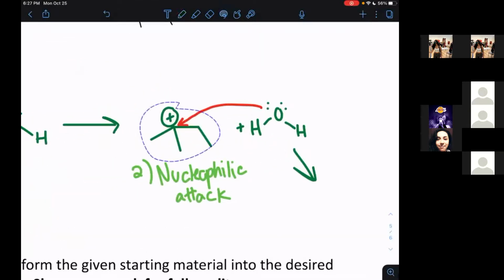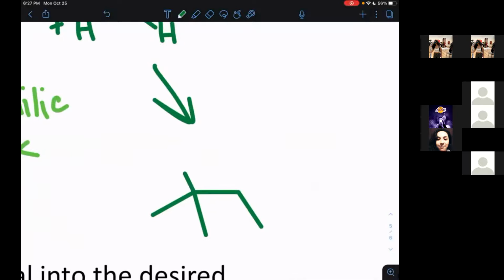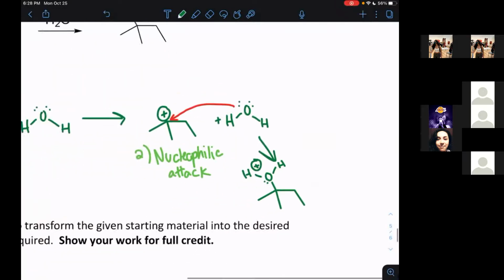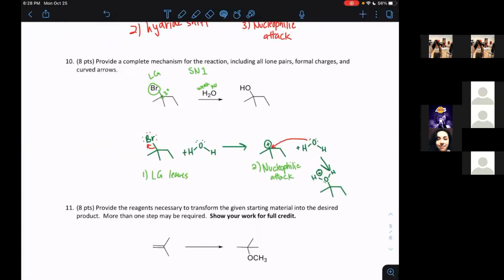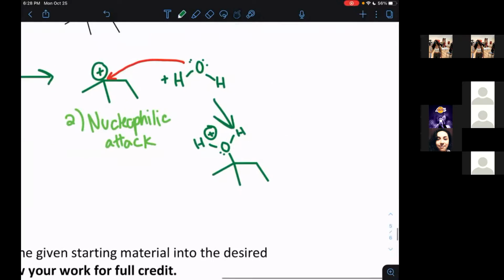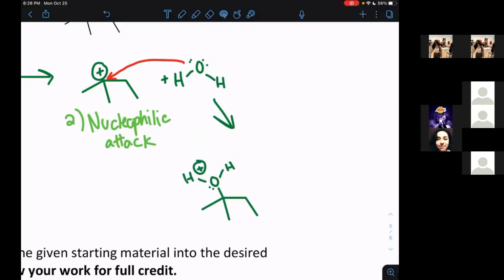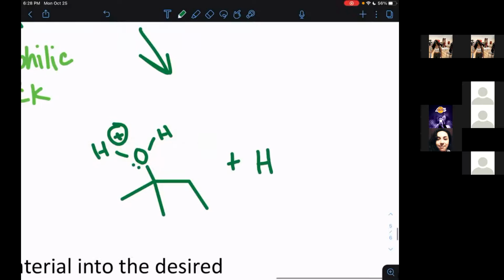Then we'll have H2O here also. But it needs to do deprotonation. Yeah, so this one's going to be positively charged. So we'll have to do deprotonation, and then you do that with the rest of the solvent in the flask.